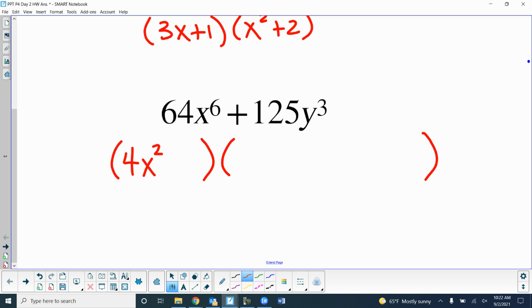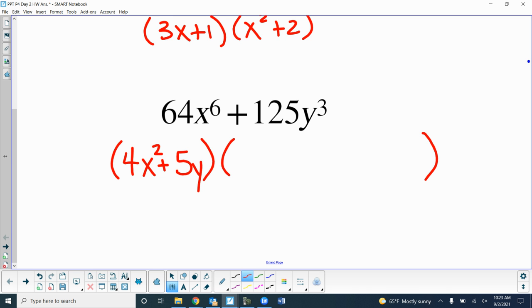What's the cube root of 125y cubed? 5, and what else? y. Yeah. Is it addition or subtraction between them? Addition, yes. Whatever the original problem is, the binomial here, they match up. So that's addition.